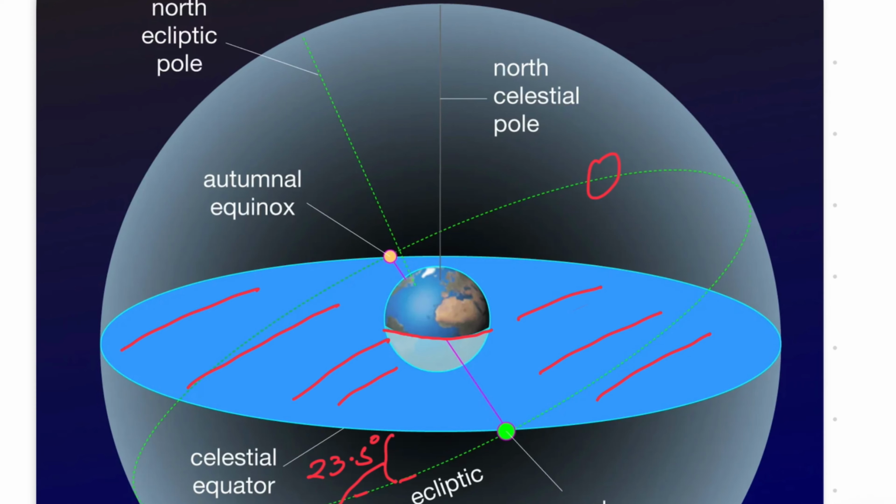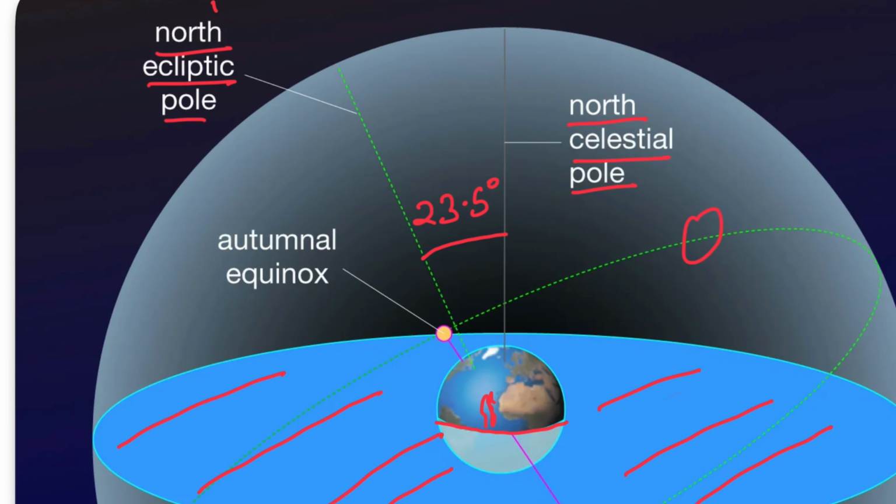So we have two poles. First is the north celestial pole and second is the north ecliptic pole. And the angle between these two poles is also 23.5 degrees. These two poles are just imaginary poles in our celestial sphere.